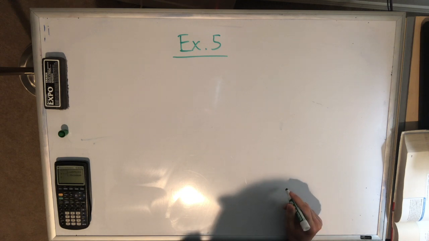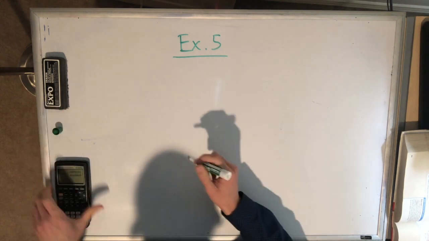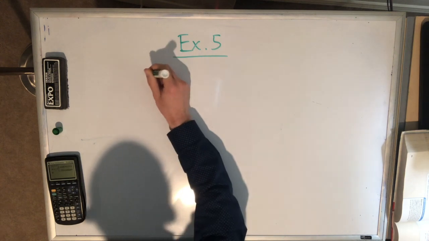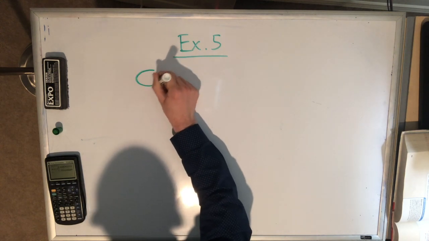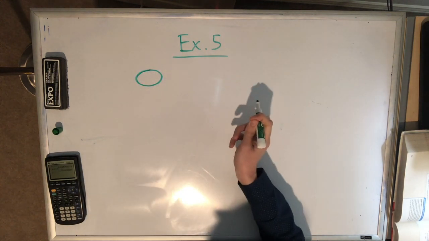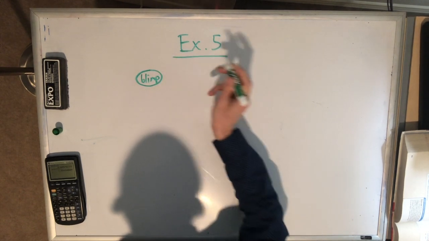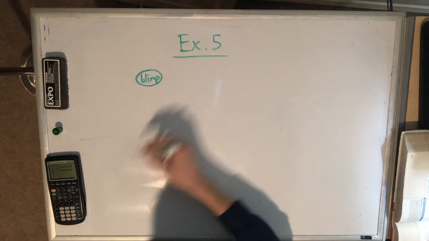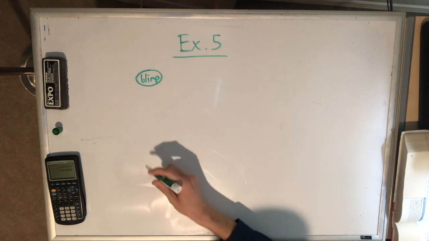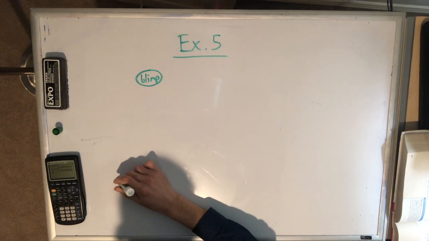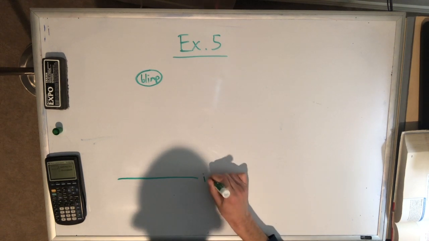All right, so here is the diagram. You have a blimp. You're going to get to witness my amazing drawing skills. And here's the ground level or ice level.